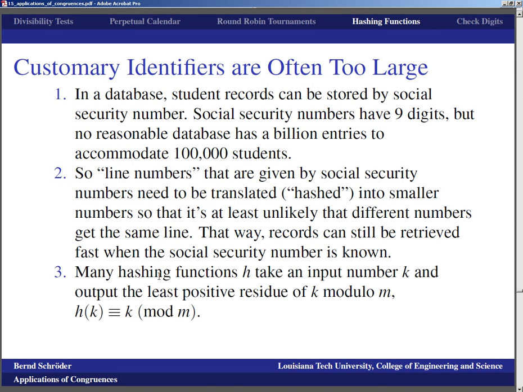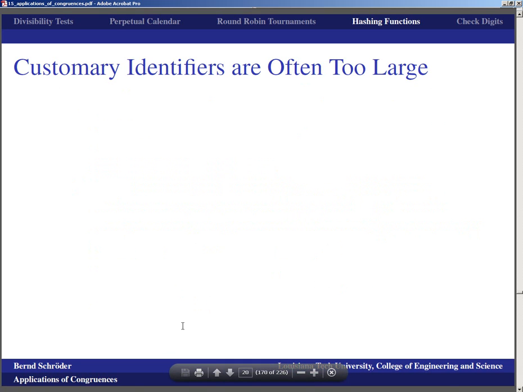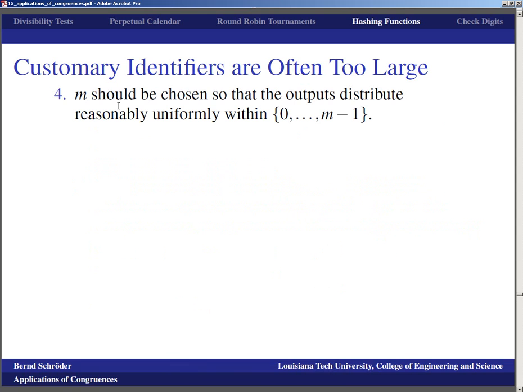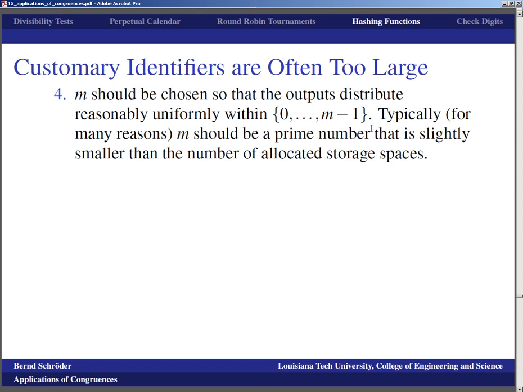And so basically the idea is you take hashing functions that have an input number k, such as a social security number, and they output the least possible residue of k modulo m, and that's the line number. So h of k is equivalent to k modulo m. That m should be chosen so that the outputs distribute reasonably uniformly from 0 to m minus 1.